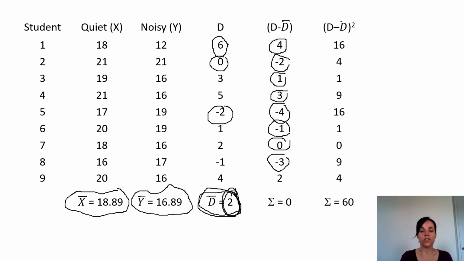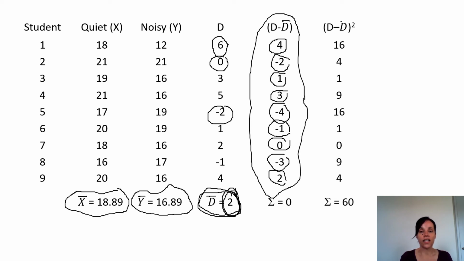And 4 minus 2 is 2. So this column, these are called the deviation scores. And I calculate each deviation score by taking the difference score and subtracting the mean difference, D bar.